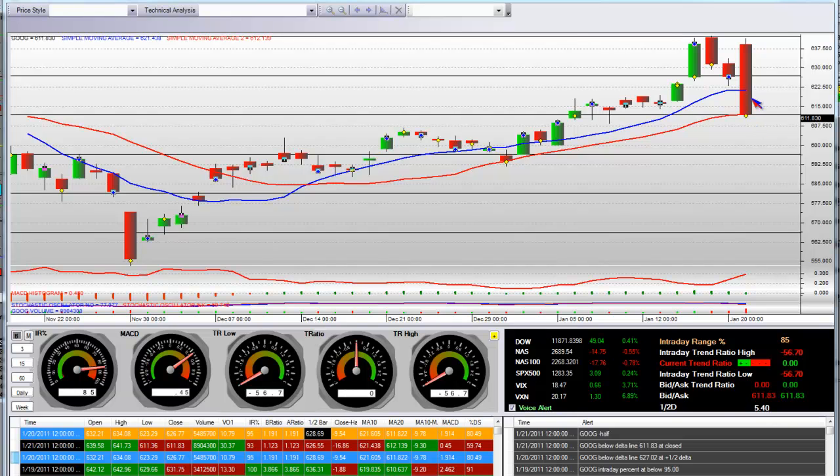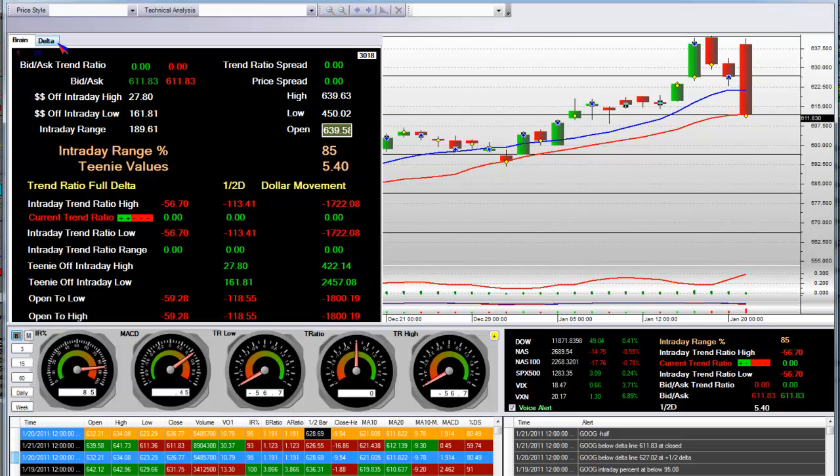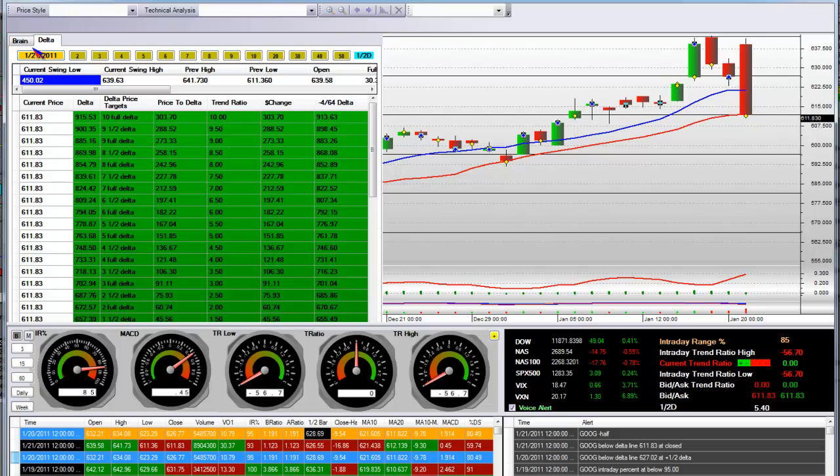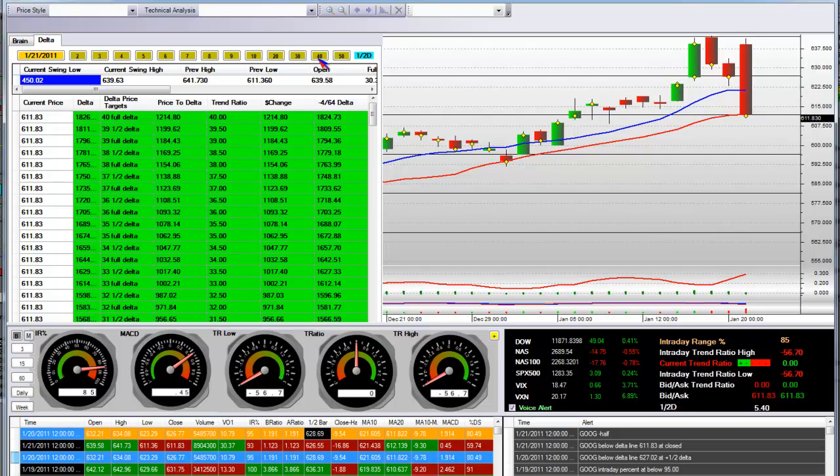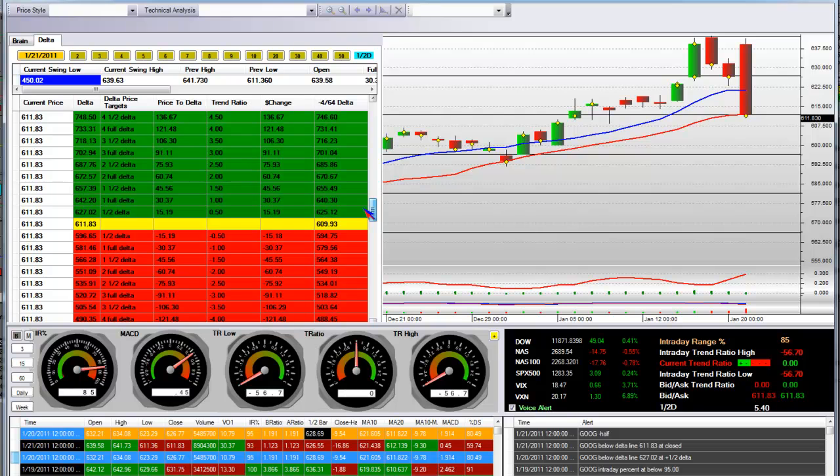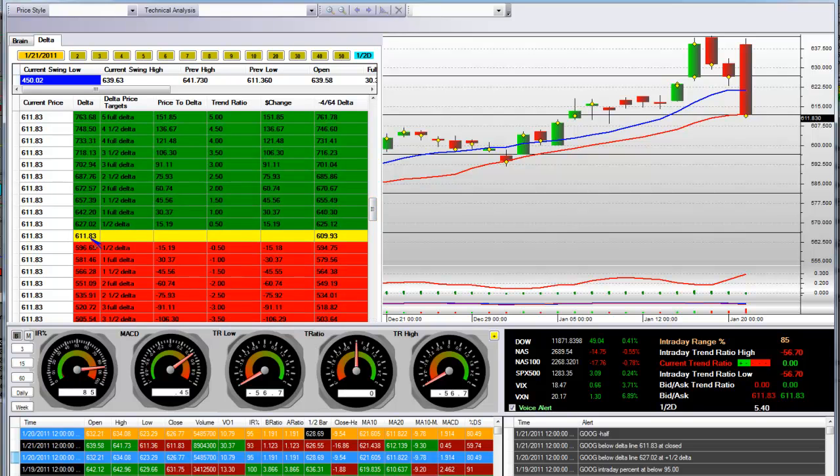delta alert. And that's what each one of these lines are going to be. So I just want people to know one thing. Generally in price volatility, we are going to take a look at where we close, 611.83.